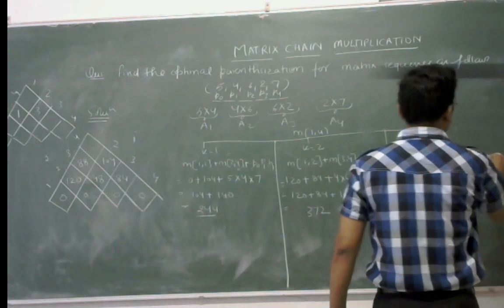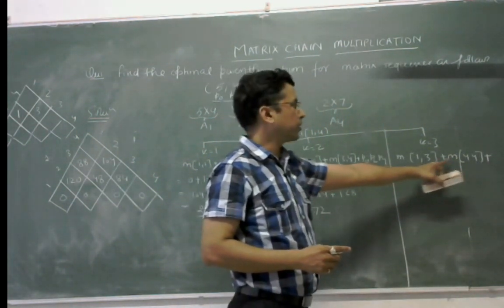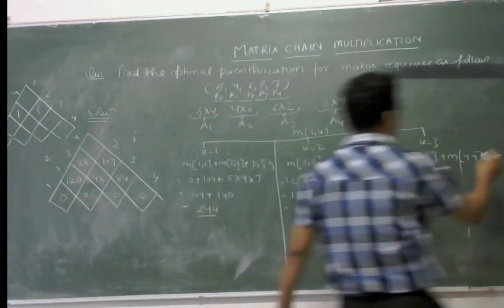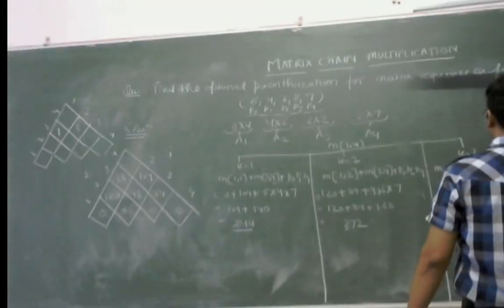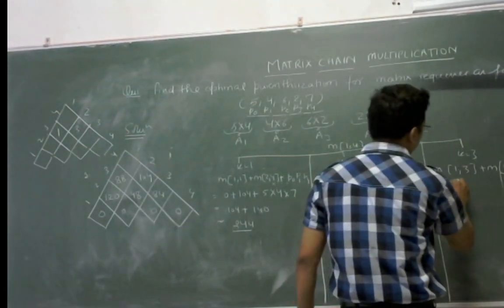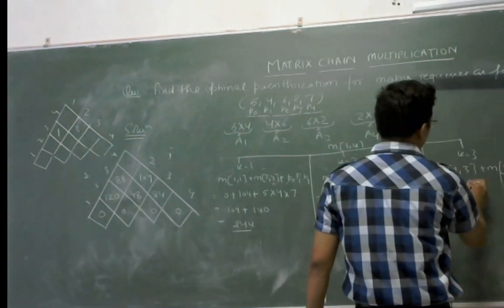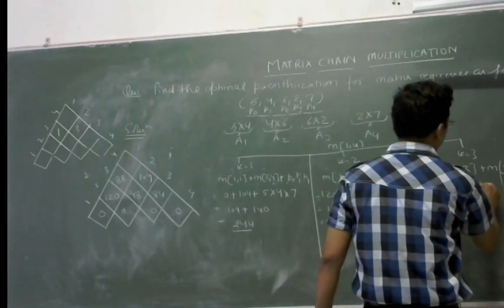Similarly, for k equals 3, this equals M13 plus M44 plus, is it visible here? Is it visible? And P0, P3 and P4.